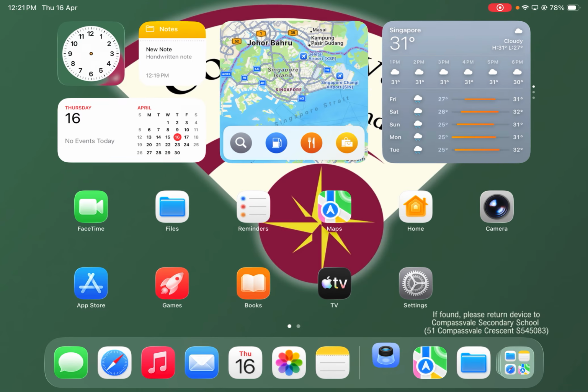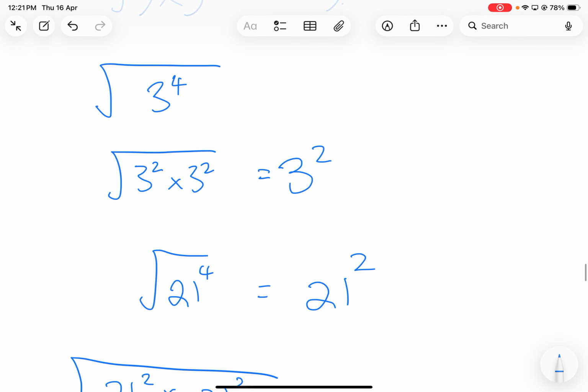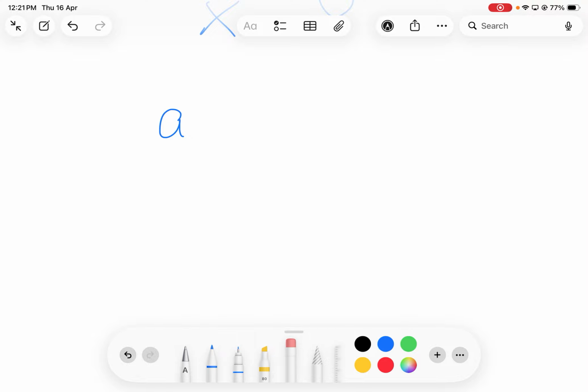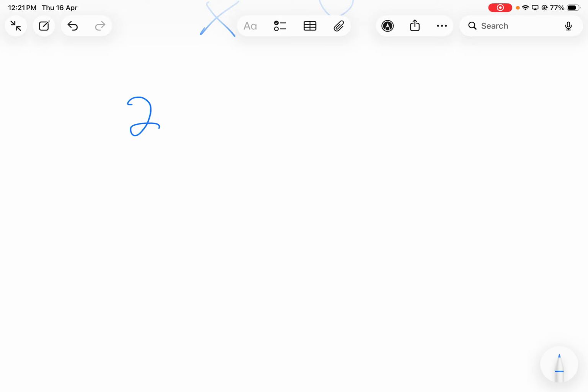So negative power. When will we have negative power? Let me show you. Don't use alphabets. If I have 2 to the power of 2 divided by 2 to the power of 5, by my indices law, I take 2, then 2 minus 5.